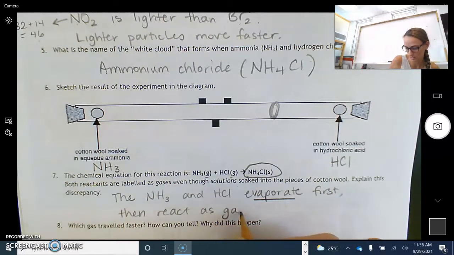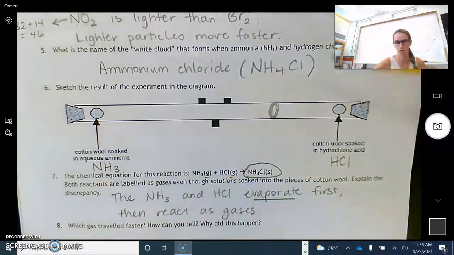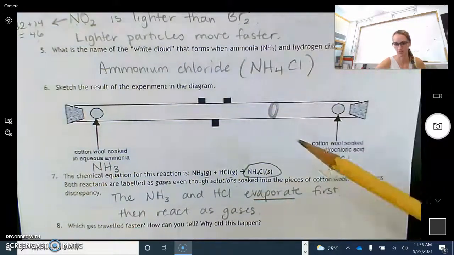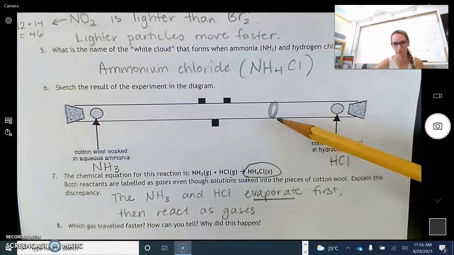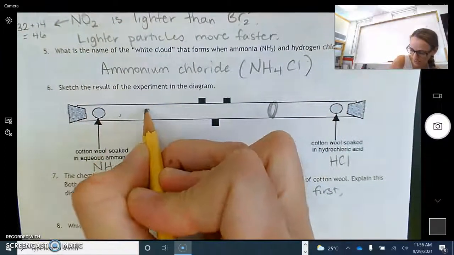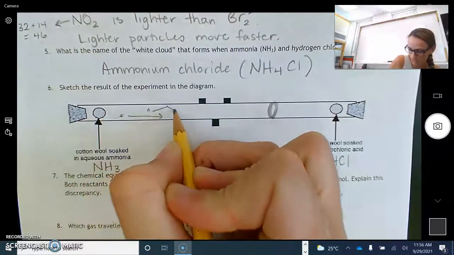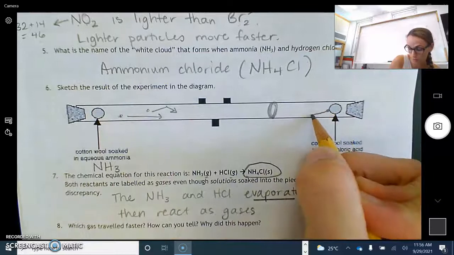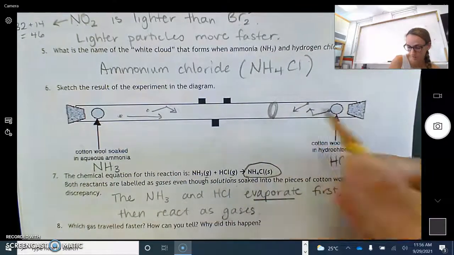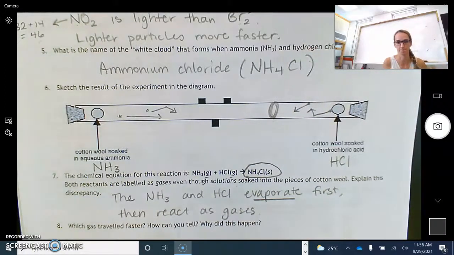So the idea here, guys, is to do the experiment, you start with a solution. But by the time they've reacted here in the middle of the tube, they had turned into gas particles and had whizzed their way or diffused their way through the tube.